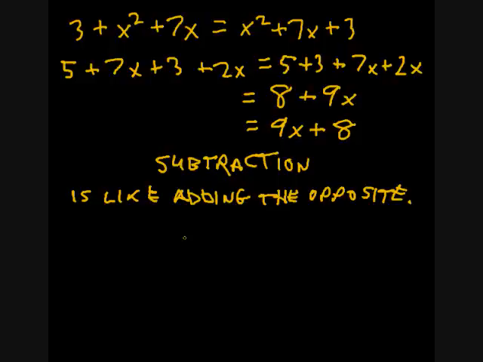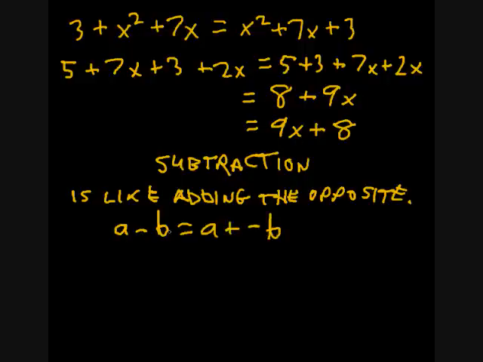And then the other thing I want to say is we're going to look at the subtraction rule from an algebra perspective. So in algebra, we'd say a minus b. And if that's our subtraction, and then we want to say it's like adding the opposite, we'll then say, well, that must be the same as a plus a negative b.